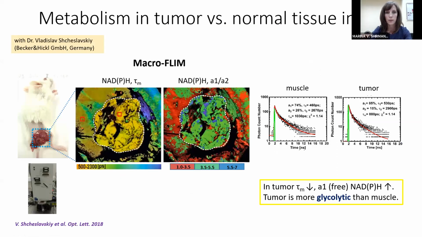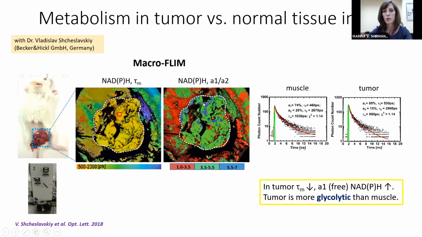This is an example of FLIM at the macro scale. What we see here is imaging in vivo in live mice. We have colorectal cancer growing on the mouse leg. We see the image of the whole tumor, mean fluorescence lifetime. We see differences between tumor and normal tissue, muscle.